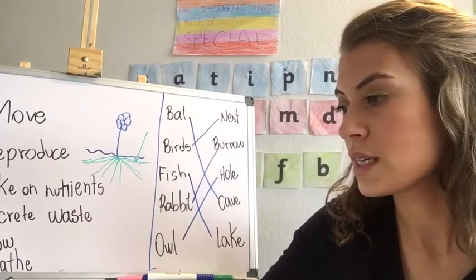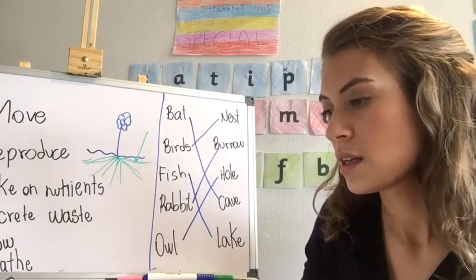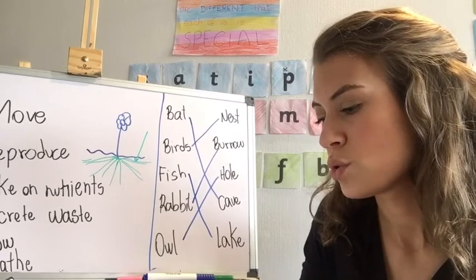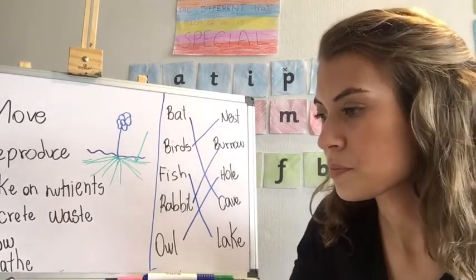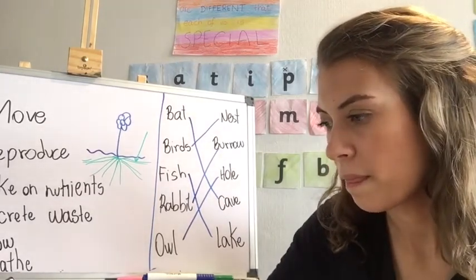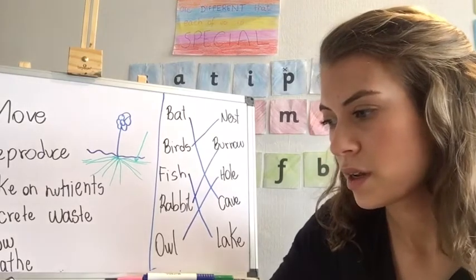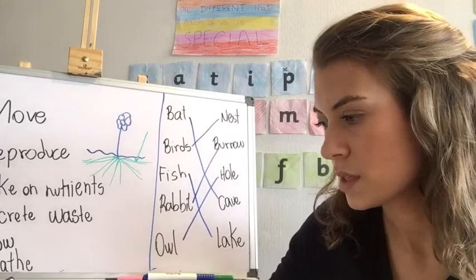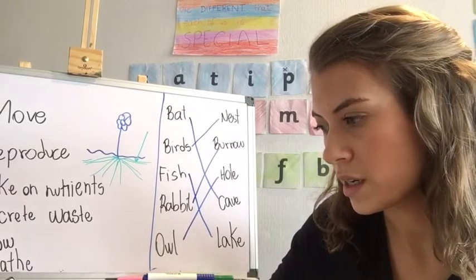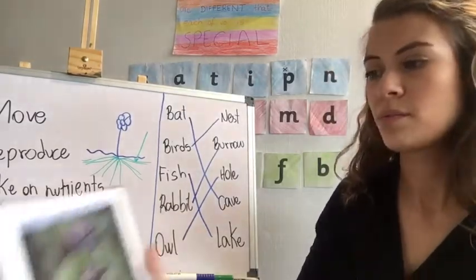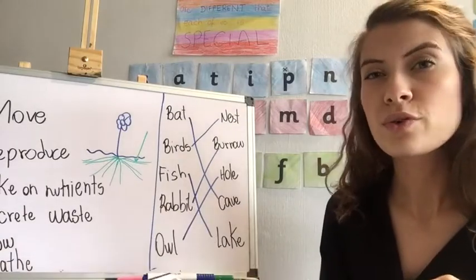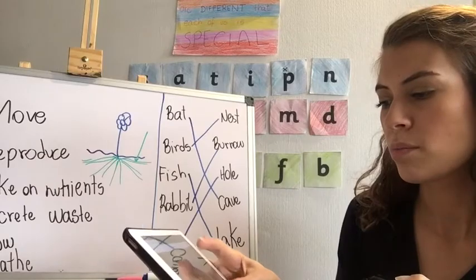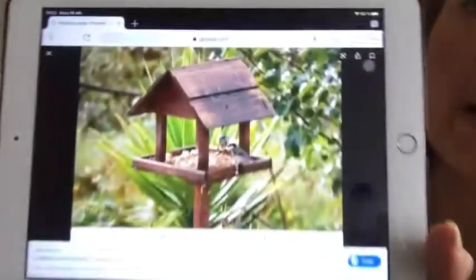Let me just get here a feeding table. For birds. Look, these are like this. It's really common if you go to a park or some open space.